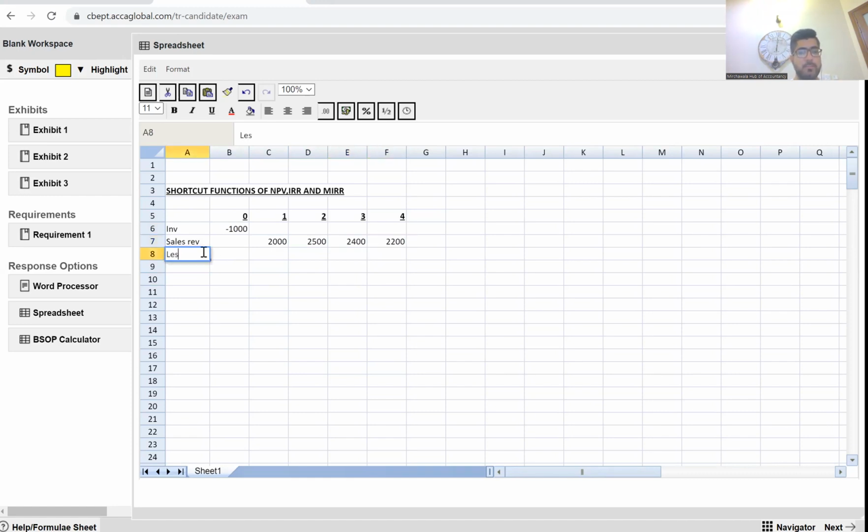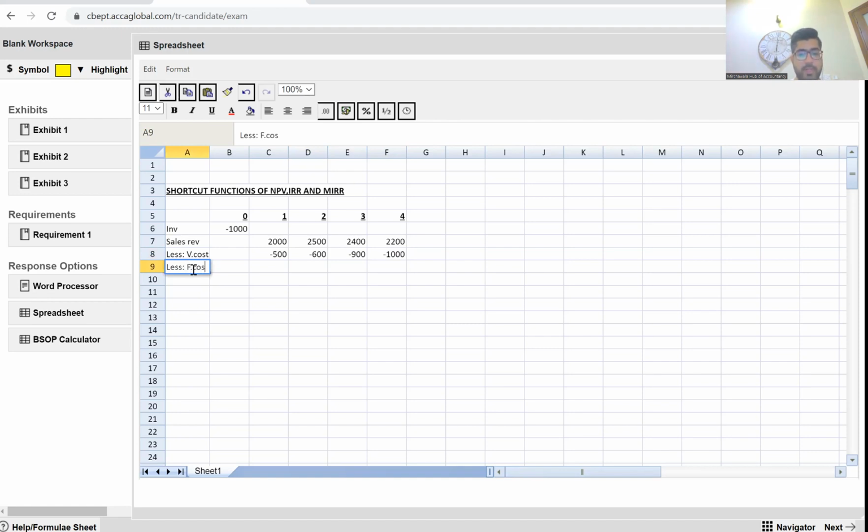Then we deduct variable cost. So variable cost, let's suppose it's an outflow, 500, 600, 900, 1,000. Then let's suppose we deduct fixed cost.